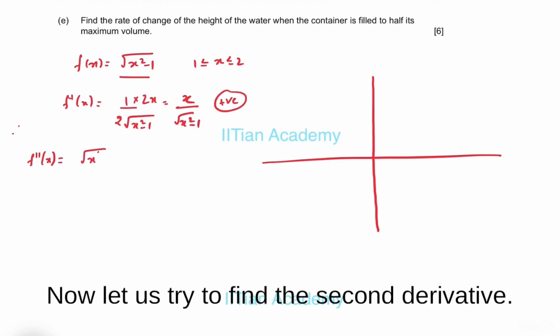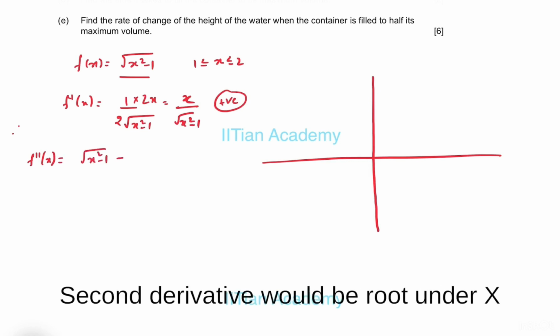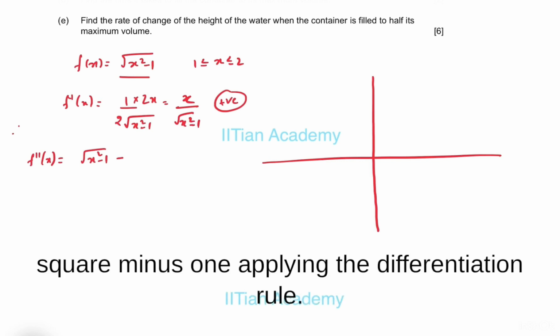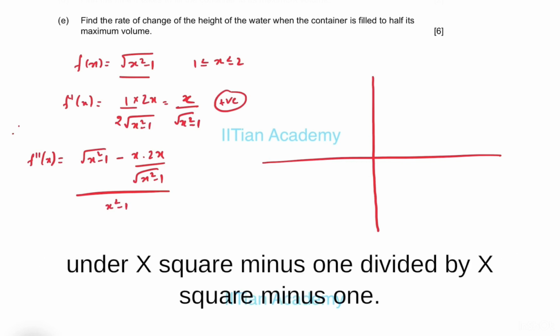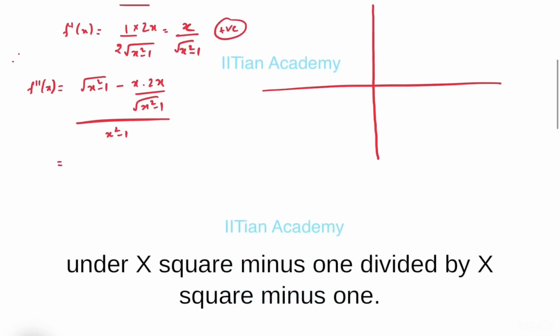Now let us try to find the second derivative. Second derivative would be root under x² − 1, applying the differentiation rule, and the second term would be 2x divided by root under x² − 1, divided by x² − 1.